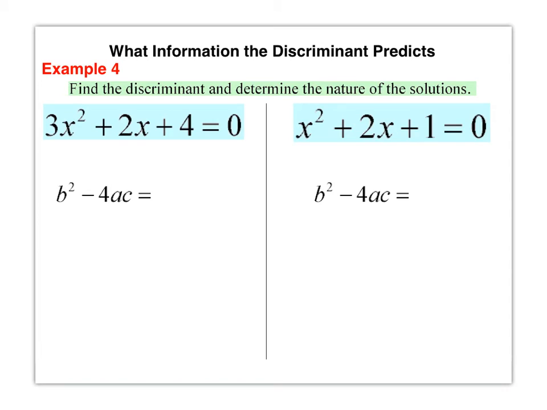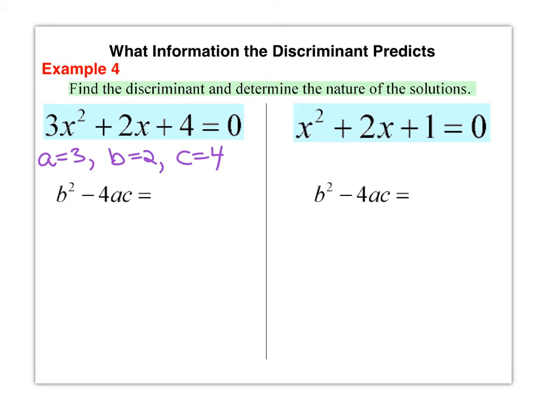So for these examples, we're looking at not what the solutions are, but what type of solutions will be found just by looking at the value of the discriminant. The discriminant, again, is b squared minus 4ac. The equation 3x squared plus 2x plus 4 equals 0 is a quadratic equation that's written in standard form. A is equal to 3, b is equal to 2, and c is equal to 4.